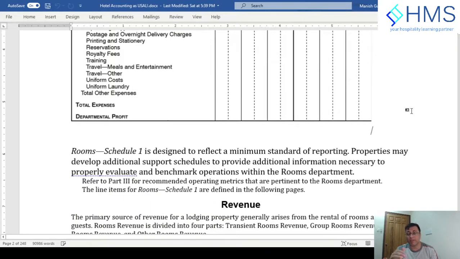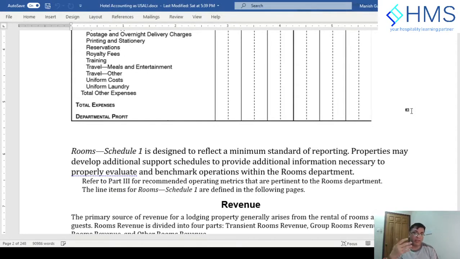So a lot of things. We will be looking at them in a bit more detail one by one in a short while, where we will give you the definition and explain what goes in these lines. So stay calm. Then you have total expenses, and then you finally get a departmental profit.